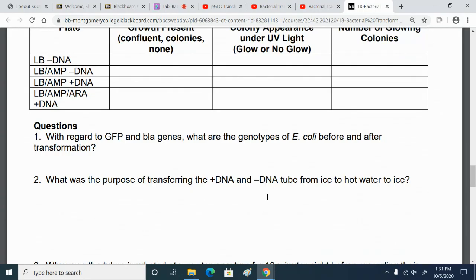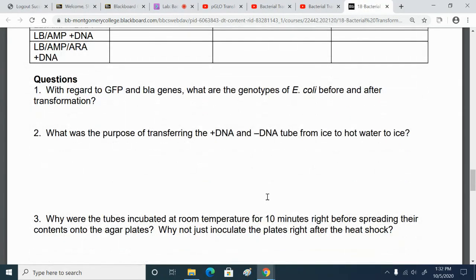So that's how we made the cells competent so they could be transformed. Heat shock and calcium chloride, that's how we make the E. coli competent so the plasmid can get in and the cells can be transformed. Everybody got that?